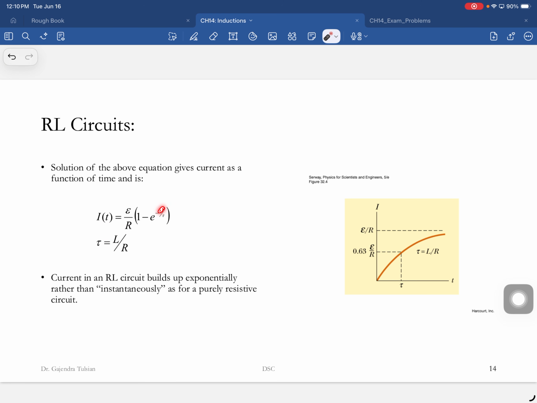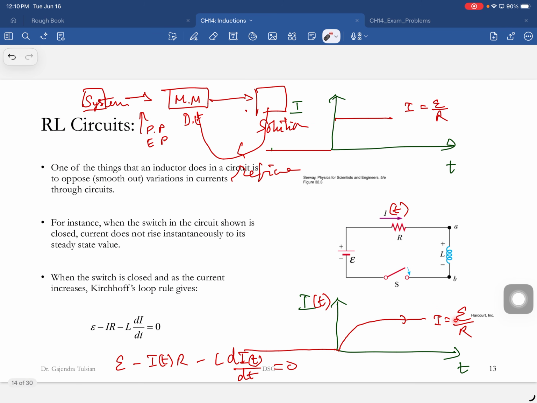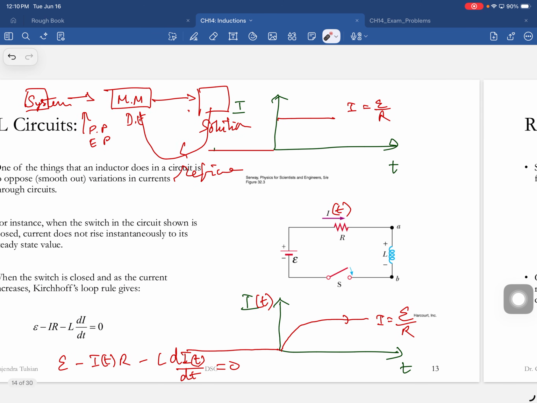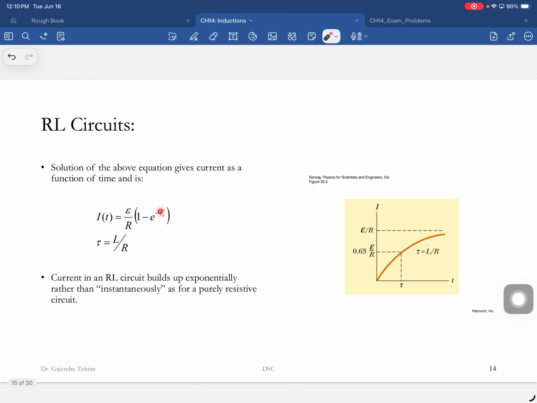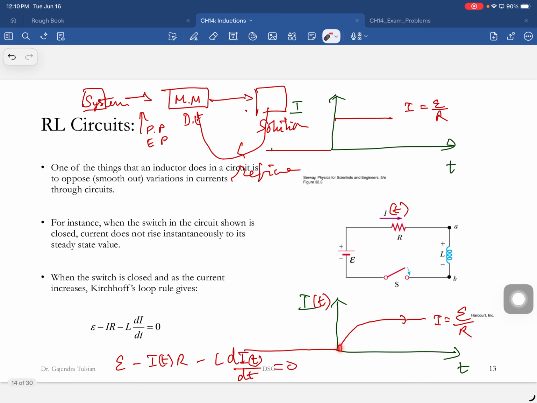See, at t equal to infinity, this term is 0, and the current goes to the steady state value E by R. Okay, so there's the steady state value. For t equal to 0, that is 1. 1 minus 1 is 0. At t equal to 0, the current is 0. Okay, so it's rising like that.